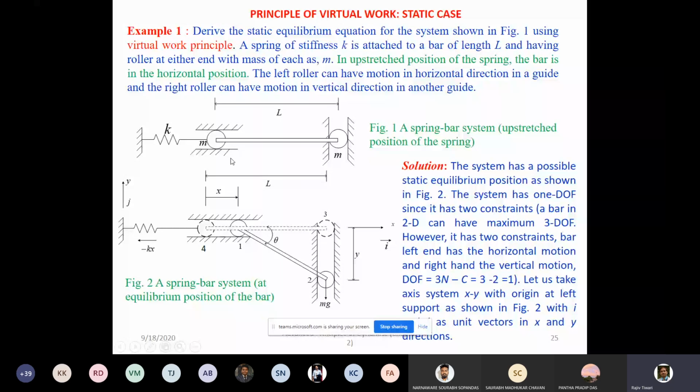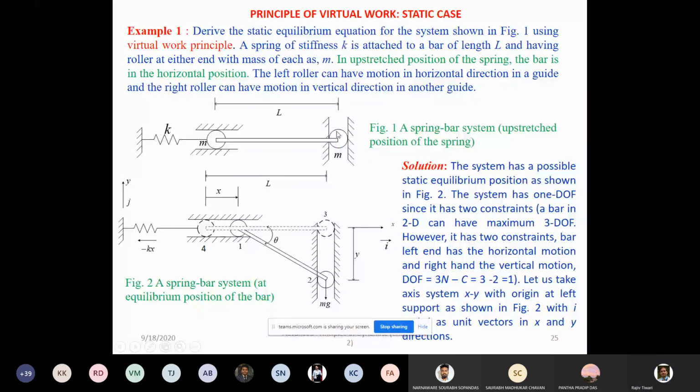So you can see there is a bar which is connected by rollers at the ends, and this bar is also attached with a spring. These rollers can roll over this passage. So you can see the left end of the bar can have horizontal motion, and the right end of the bar is having vertical motion.